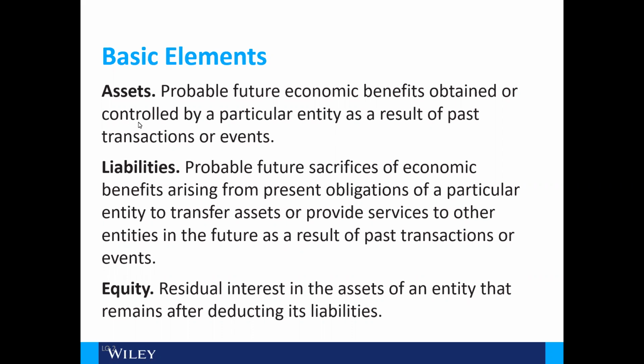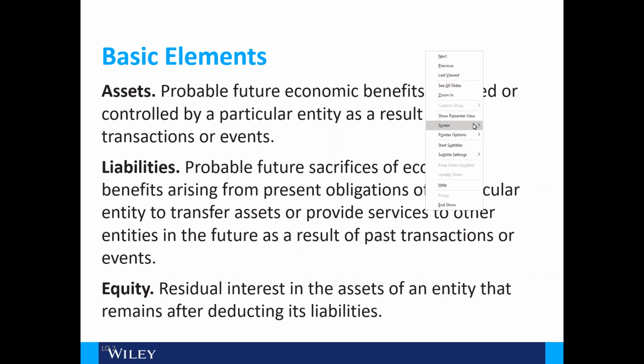Now, we learned in accounting one that assets are resources that we own or control. Now, let me underline a couple of things for you. But the formal, generally accepted accounting principle definition of an asset is a probable future economic benefit.